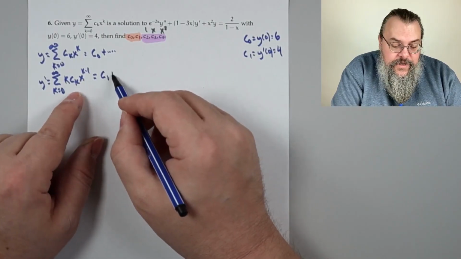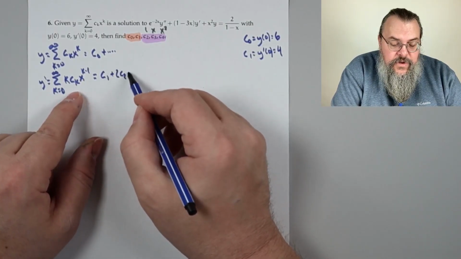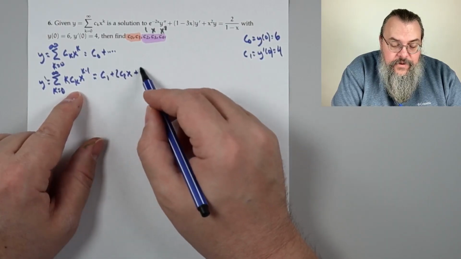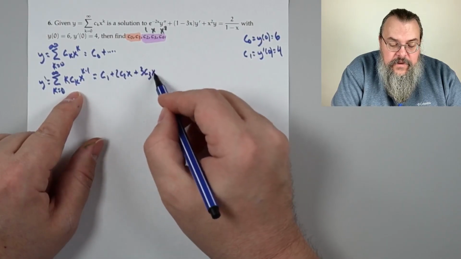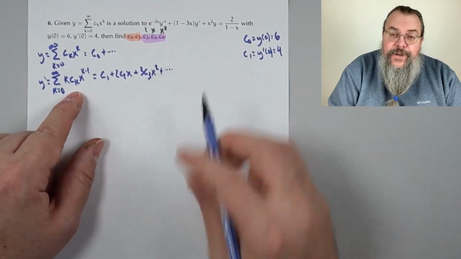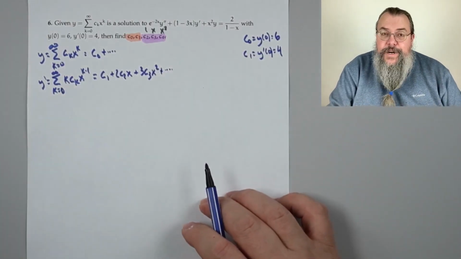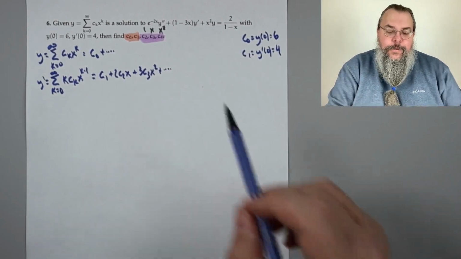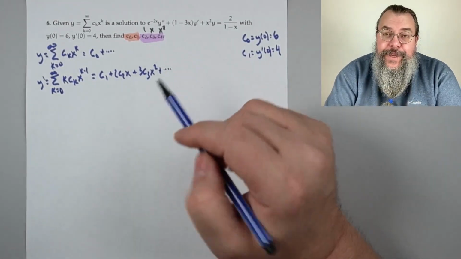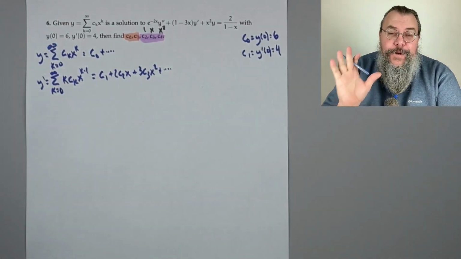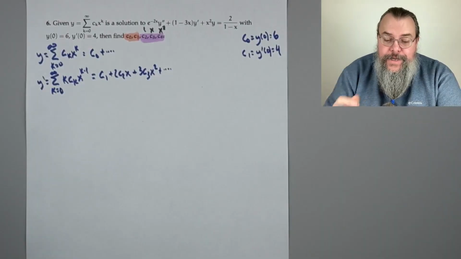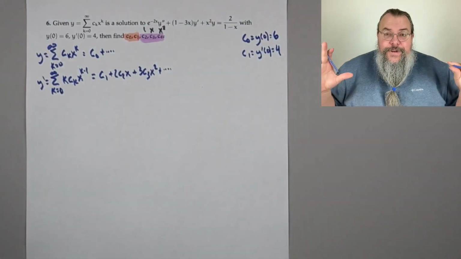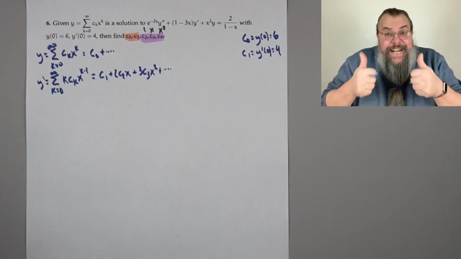Plug in 2, you'll get 2c2 x to the 1. Plug in 3, you'll get 3c3 x squared, and everything else is x cubed or above. We don't need to worry about it. Now, what do we do with this 1 minus 3x? The answer is we like it, and we don't need to worry about it right now. Why? It's polynomial. Our goal is we want everything to be polynomial, and that already is.